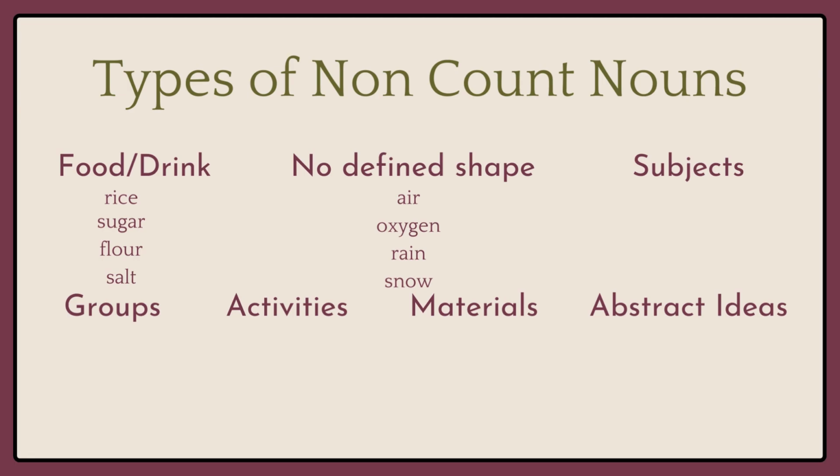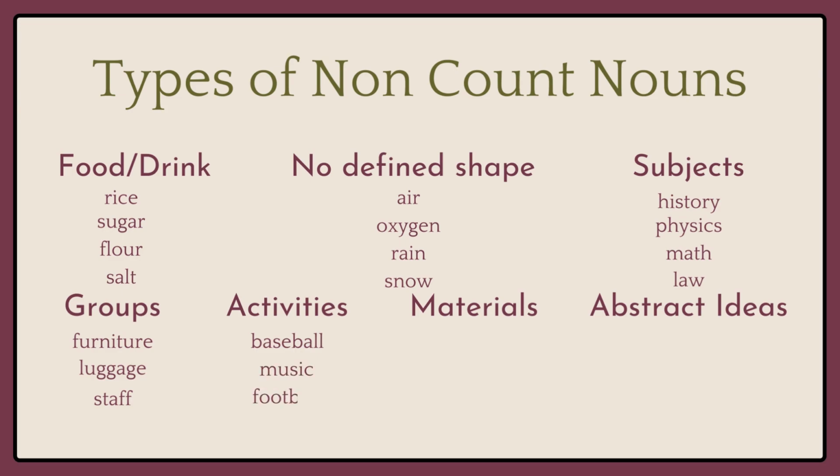School subjects or fields of study, such as history, physics, math, law, biology. When we're talking about the whole of a group, it's a non-count noun, such as furniture, luggage, staff. Activities are usually non-count nouns, such as baseball, music, football, hockey, bowling.